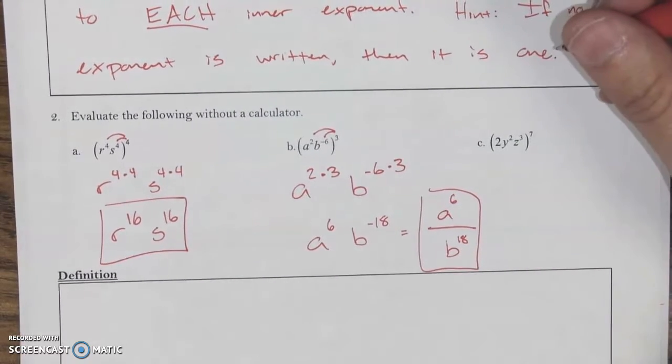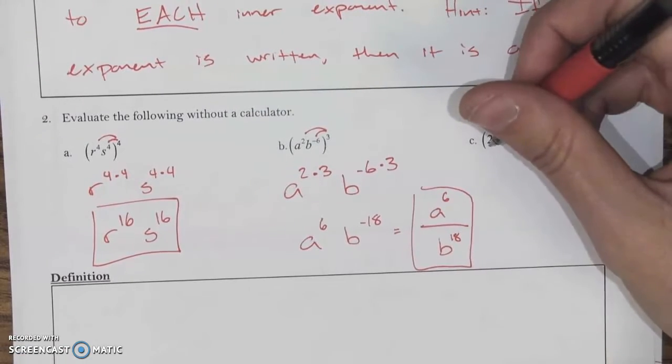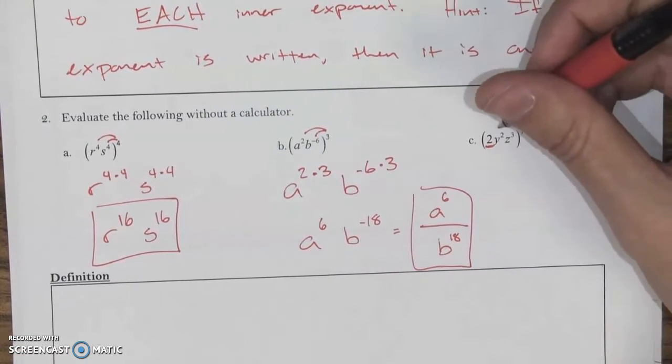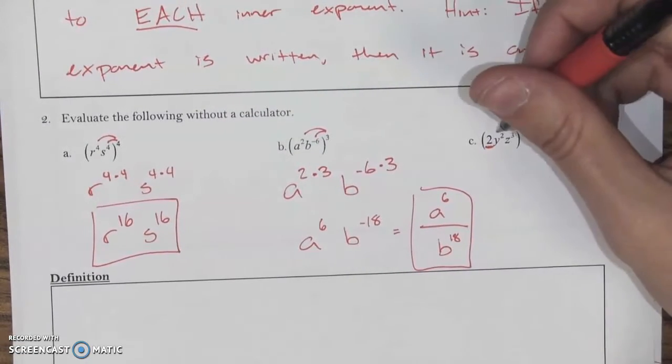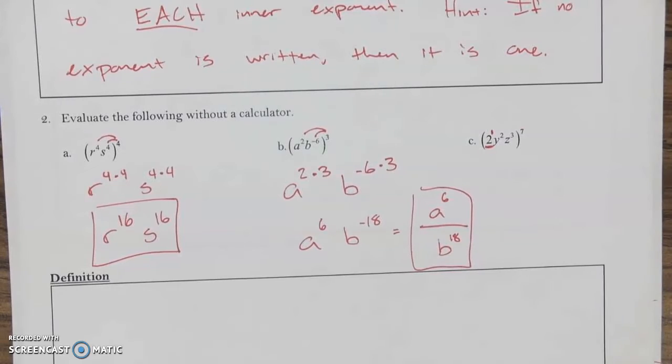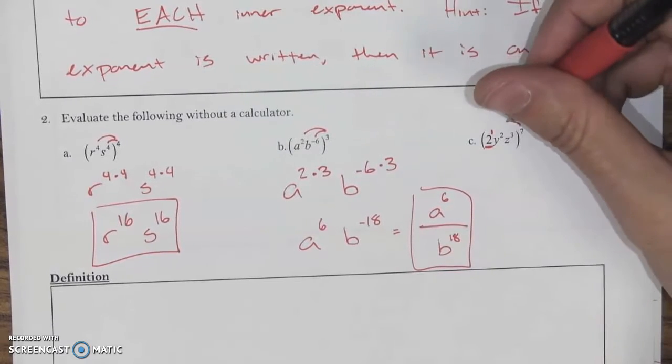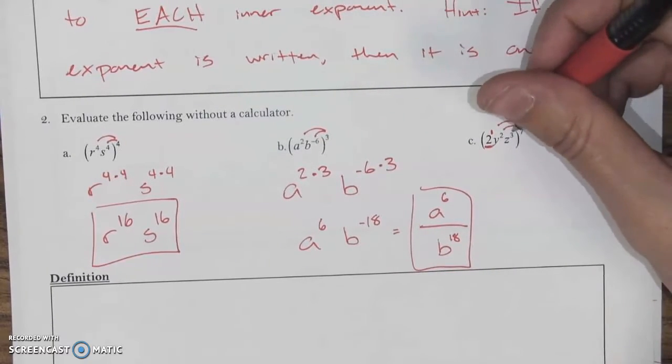Here, one of the biggest things that students miss is 2 is also a factor. There is no exponent written, so you can assume that it is 1. We want to distribute the outer exponent to that as well.